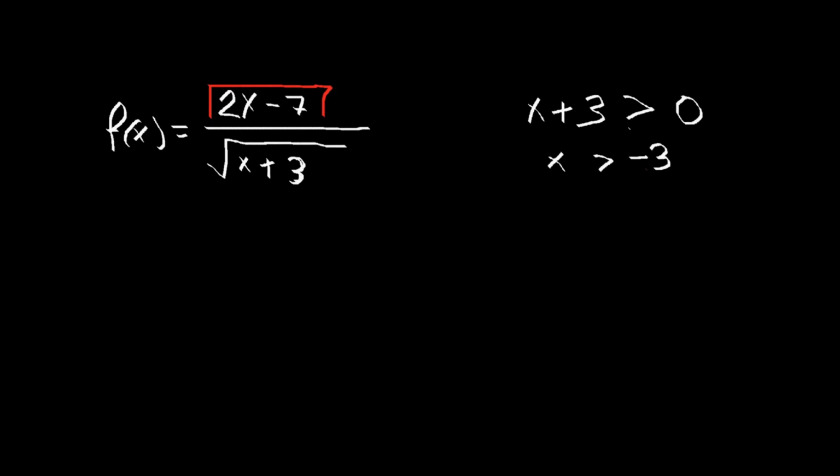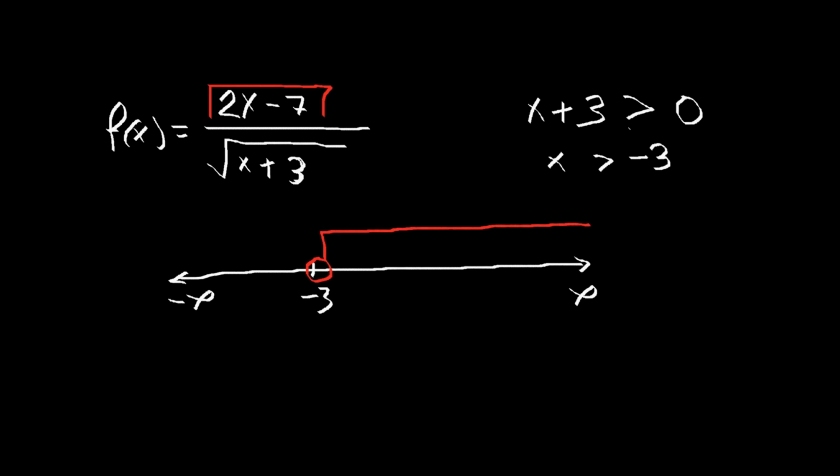But x needs to be greater than minus 3. So I'm going to draw a number line from minus infinity to infinity. Let's say we have minus 3. Now we have x greater than minus 3, so the circle needs to be empty. And what comes greater than minus 3 is true for our function, it is the domain.